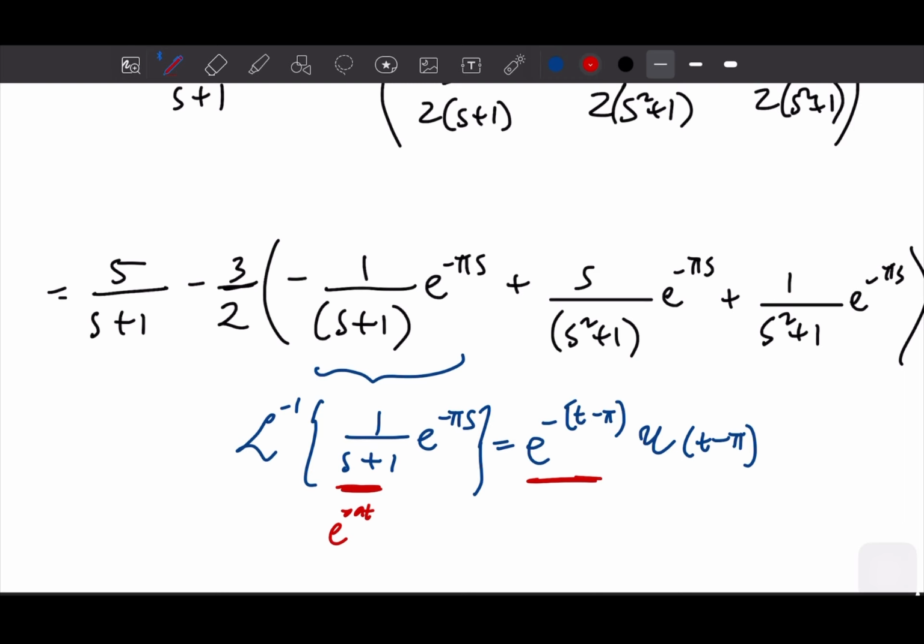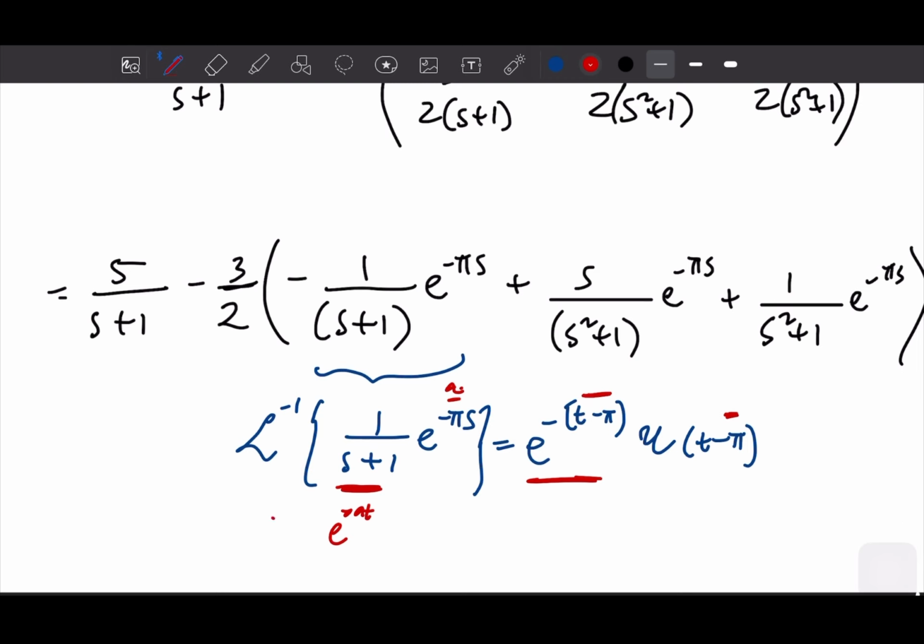And then because of this a, we have the Heaviside with t minus a, and we also need to change this, it becomes t minus π.